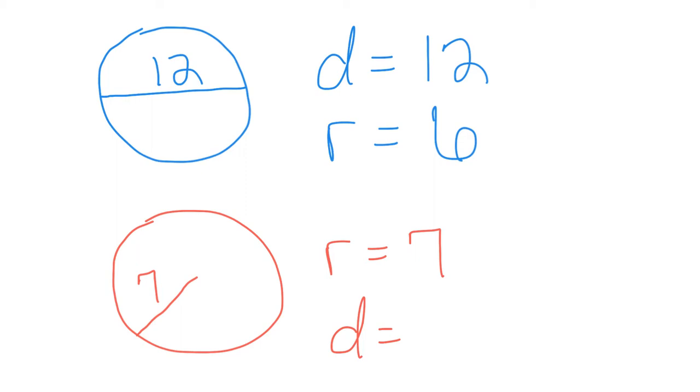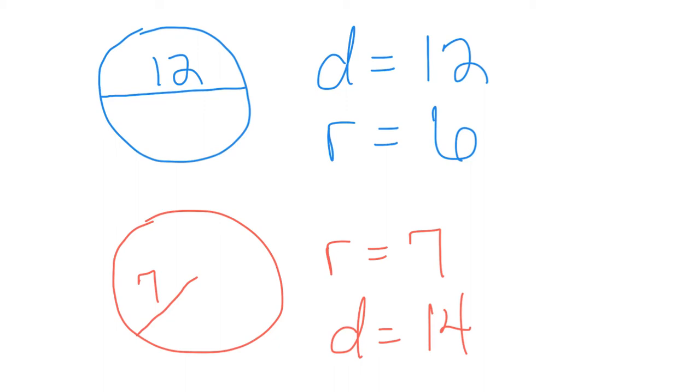Multiply it by 2. All right, radius times 2 would be 14. Simple as that. Labeling your information as D's and R's as we go through these problems will keep your information organized and is going to help you throughout the rest of this. I promise. Okay?